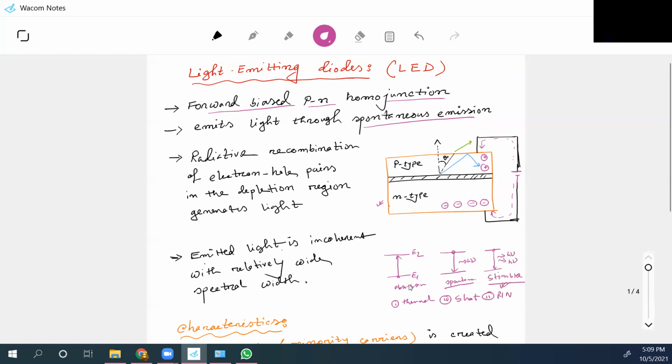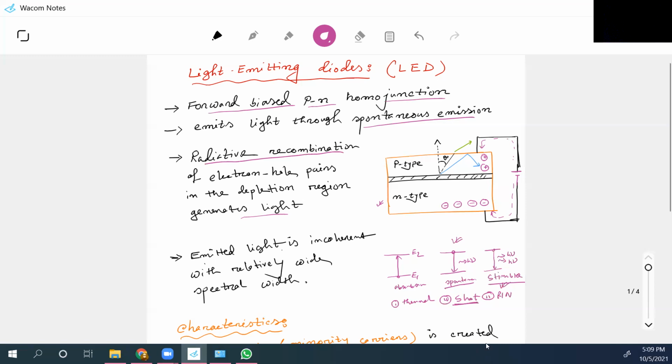When we say noise limited system, we discussed explicitly shot noise. Shot noise is due to spontaneous emission in a light emitting device, which is in our case the LED. Radiative recombination of electron hole pairs in the depletion region generates light. So light is generated due to the radiative recombination.